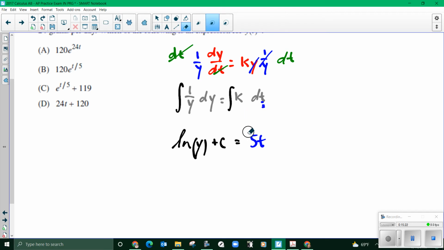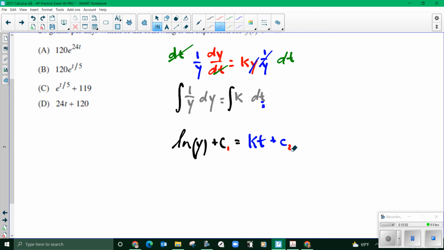We have k. So instead of 5, I'm going to call that kt plus c. Believe it or not, those c's are different values. Maybe they're the same, but I could have the c on the left be 5, the c on the right be 7. I could have the c on the left be -2. I can have the c on the right be 13 million. So I always say it's C1 and C2.